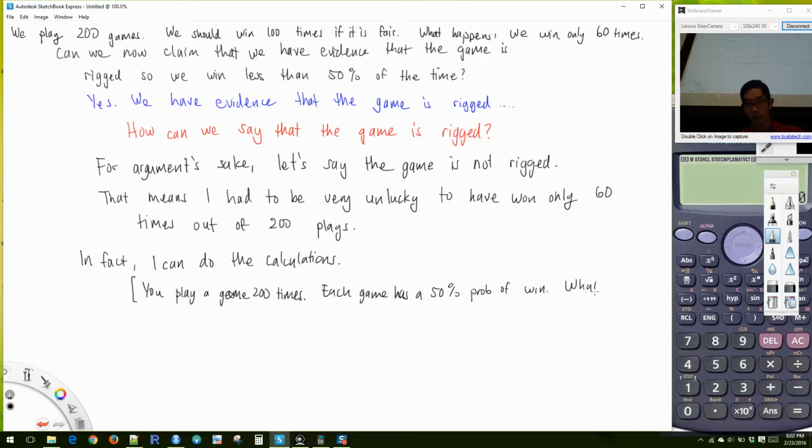What is the probability you win 30% or less? You do your standard error calculations, your z-score calculations, and look that up in the table.